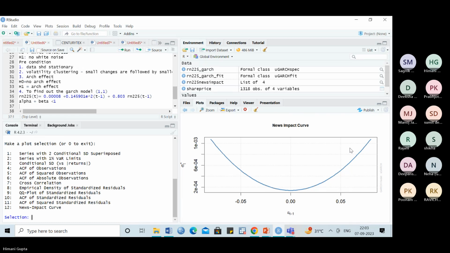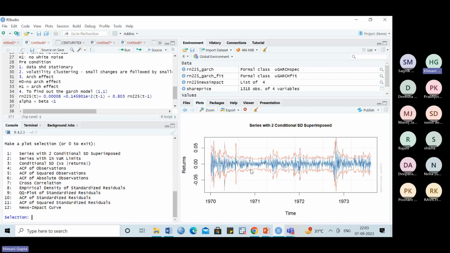Got it? So there are two ways to make the diagrams. Whichever suits you, you can do it. If you write one, it will give you the conditional standard deviation. If you write two, whatever diagram you want, it is going to give you.